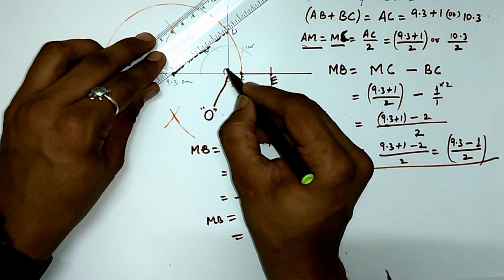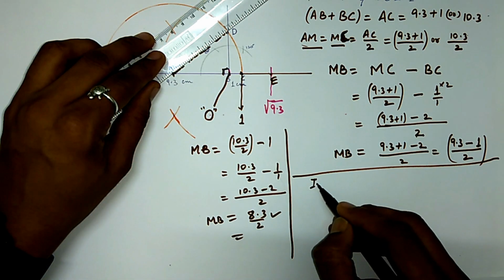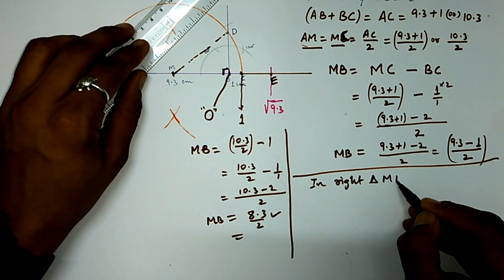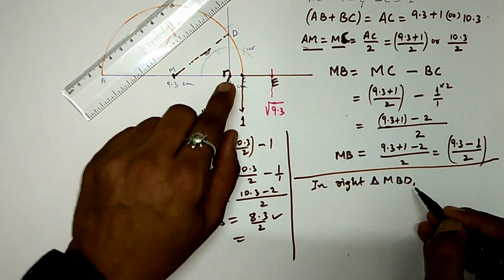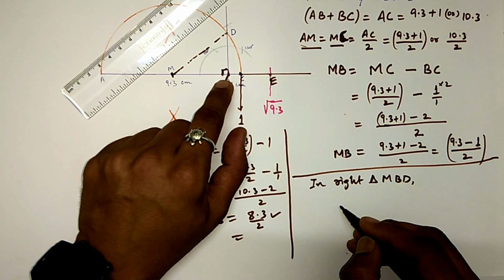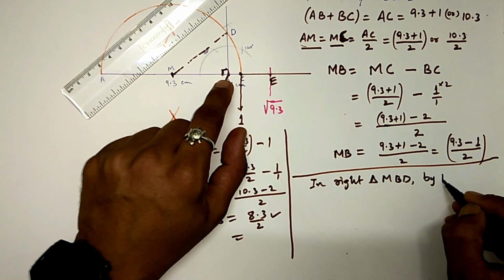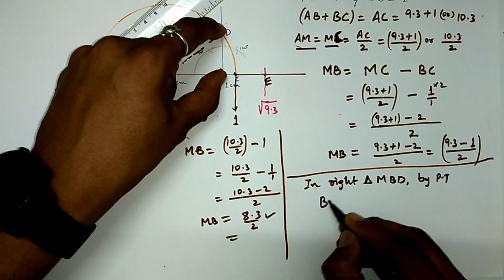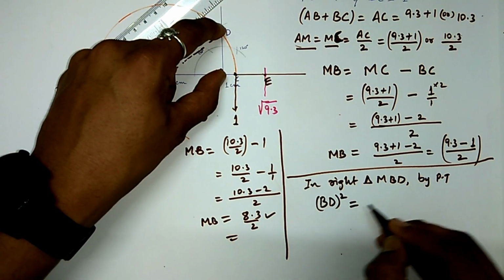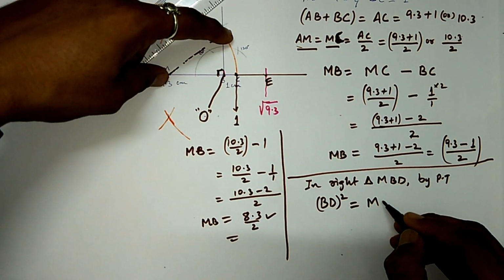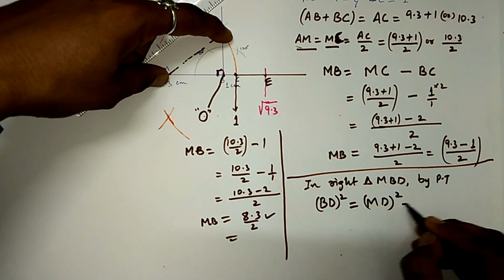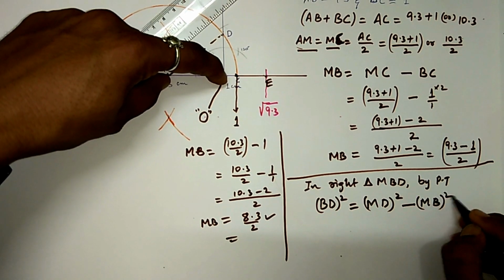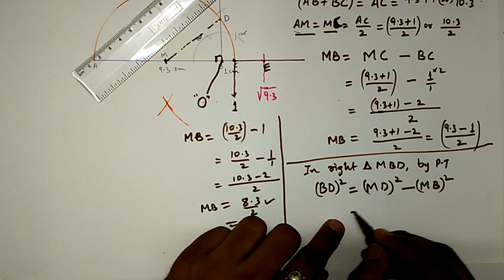In that right triangle MBD, where right angle is at B, we can use Pythagoras theorem. By Pythagoras theorem, BD square is equal to MD square minus MB square. I am using this MD square.